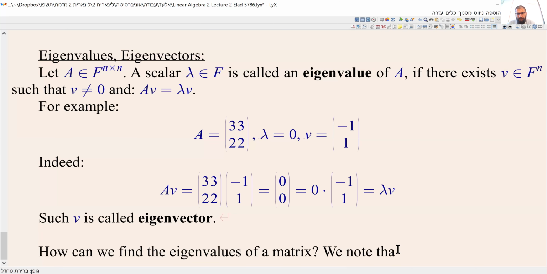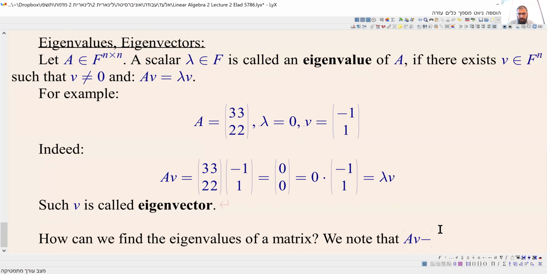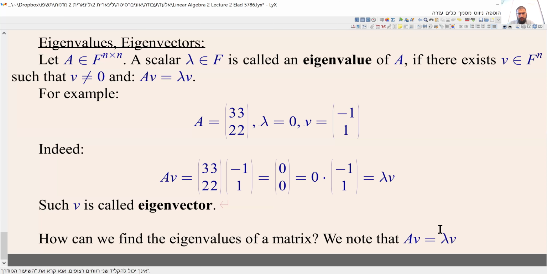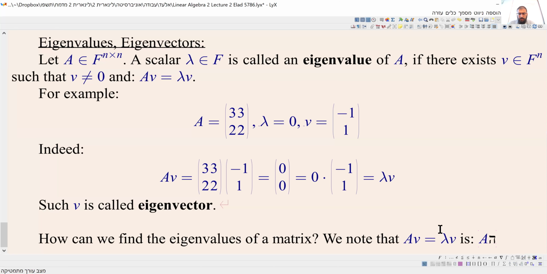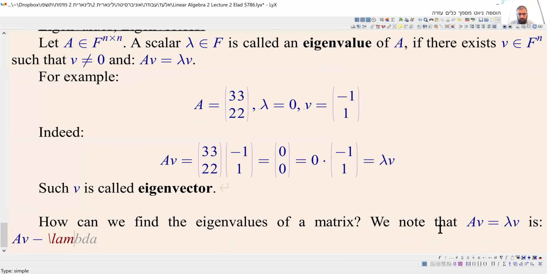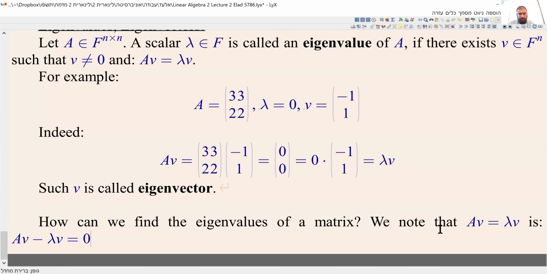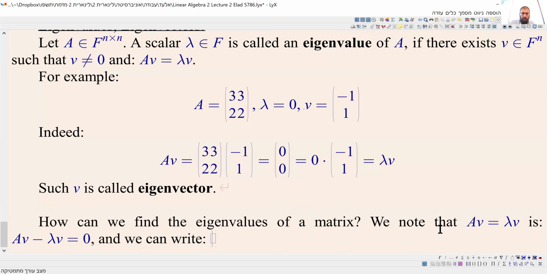We note that AV is lambda V is AV minus lambda V is 0. We can write A minus lambda I times V is 0.